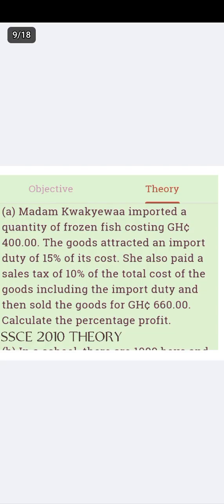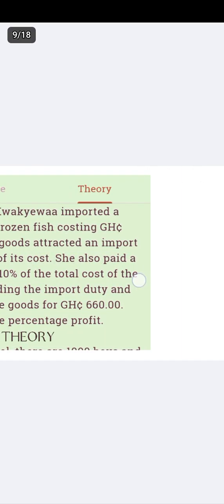Thereafter, we subtract the total cost from the selling price to get the profit. Lastly, we express the profit over the cost price multiplied by 100 over 1. That is how we are going to approach this question. So let's go.